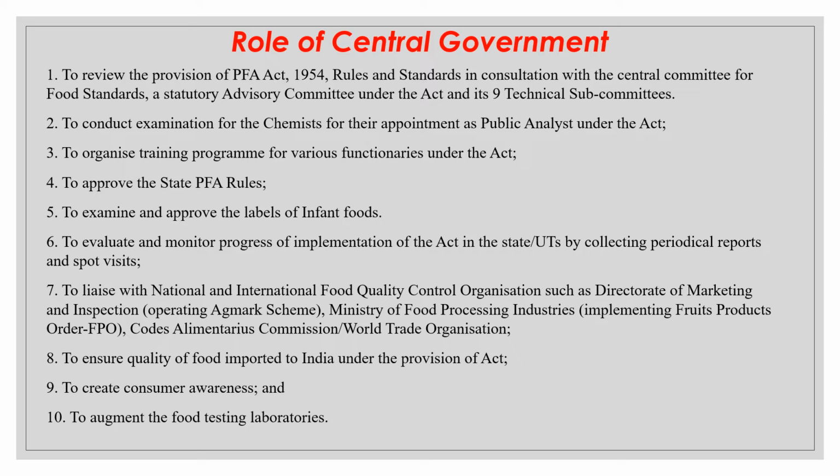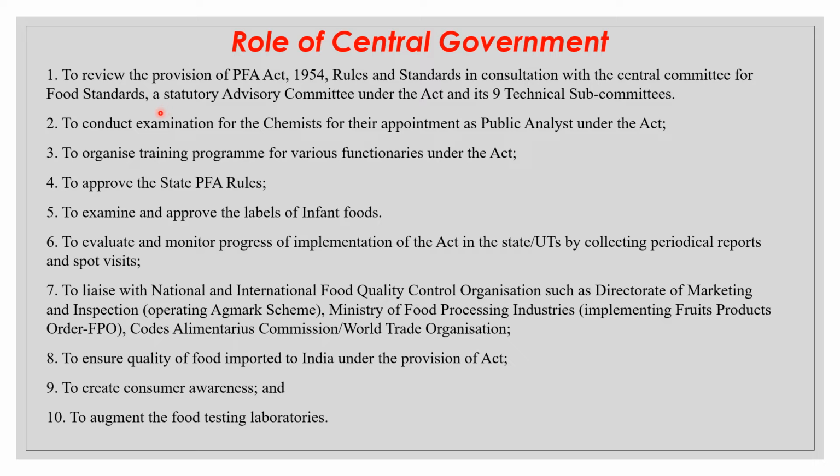And we shall have a look at the role of central government. It reviews the provisions of the PFA Act, I mean the Prevention of Food Adulteration Act 1954, rules and standards in consultation with the Central Committee for Food Standards.